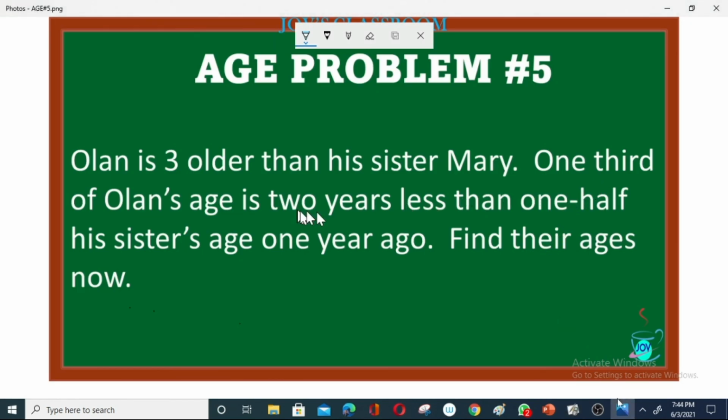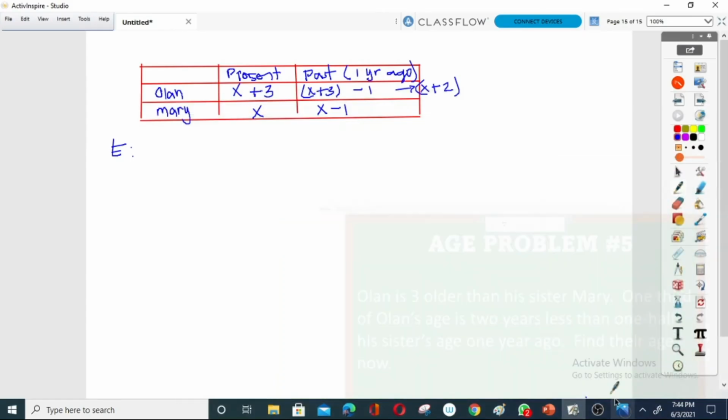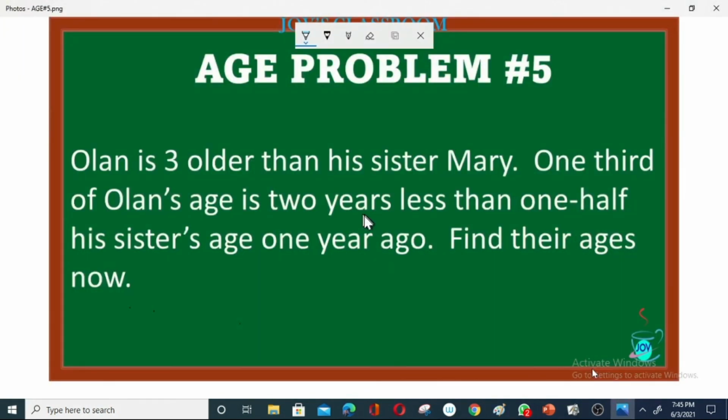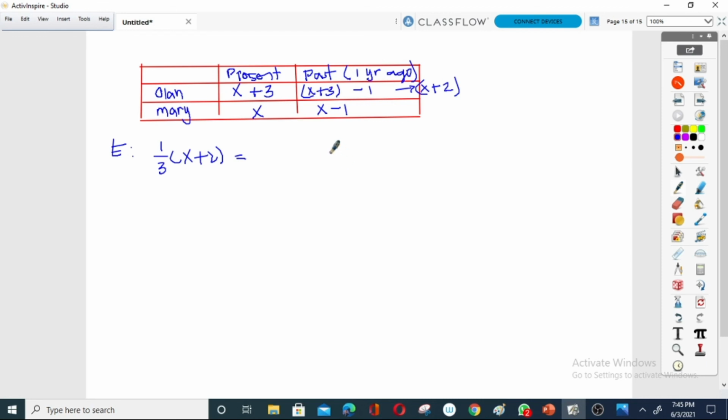It says 1/3 of Olan's age, 1/3 of x plus 2, is equal to 2 years less than 1/2 his sister's age. 2 years less, that means minus 2.